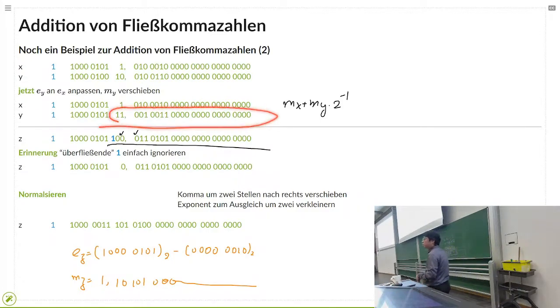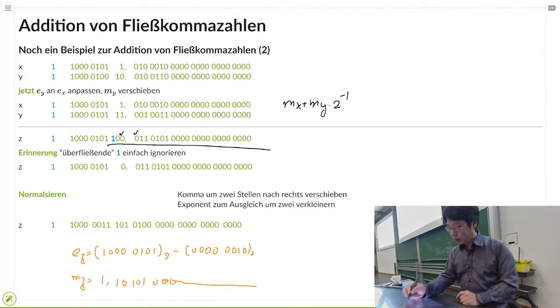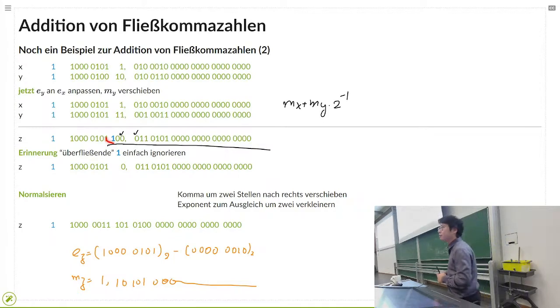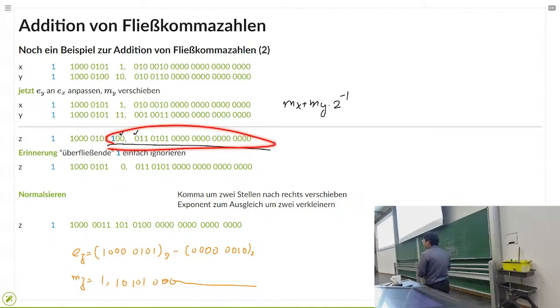And then you do the addition, and then you get the corresponding mz over here. And then after getting this mz, you will say, this is overflow, but it's not, because we are adding 2 numbers, one is positive, one is negative. It's always correct. Ignore that 0. Ignore that 1.